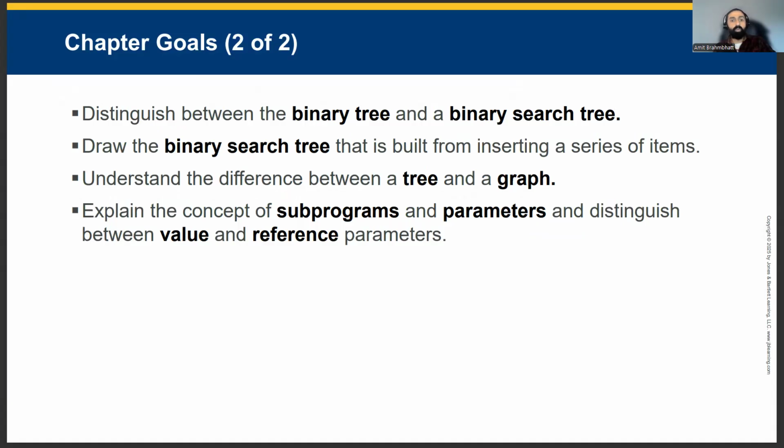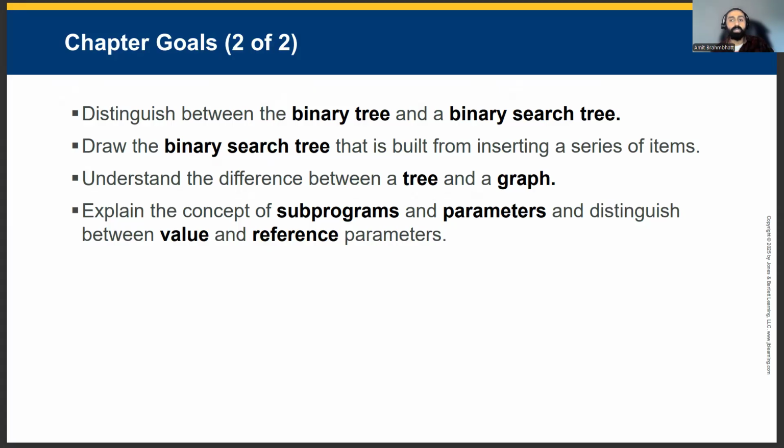The second half of the goals focuses on tree-based structures. We'll distinguish between a general binary tree and a binary search tree and learn how to draw a BST built by inserting items one at a time. From there, we'll explore the difference between trees and graphs, which model even more general relationships.